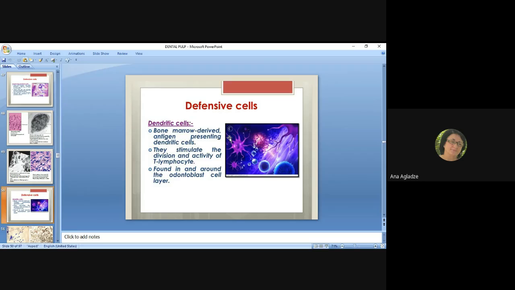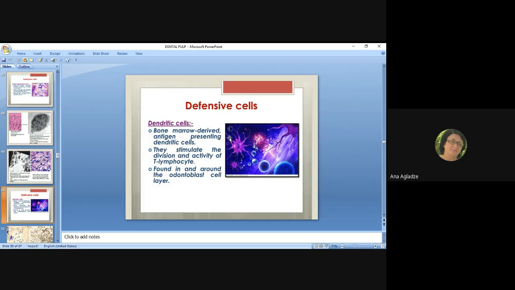They can be found in the immature form in the blood, and once activated, they migrate to the lymph nodes where they interact with the T and B cells to initiate adaptive or specific immune response.